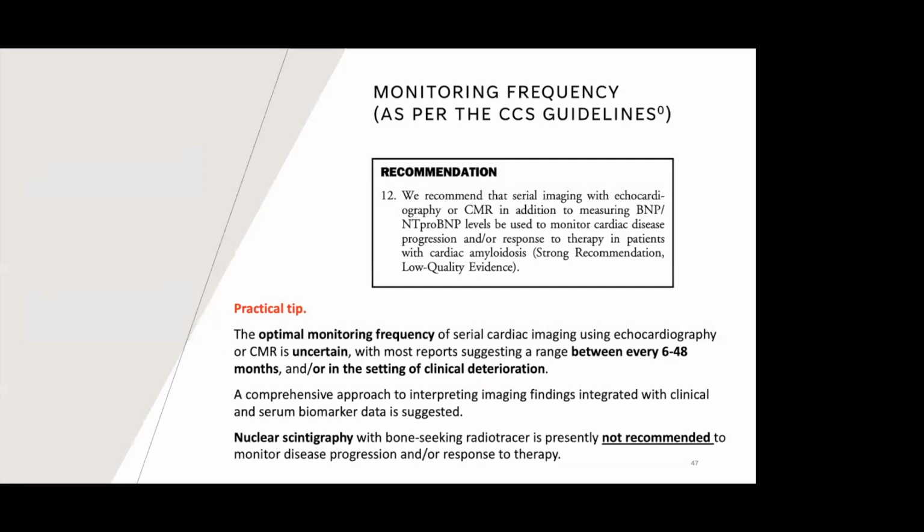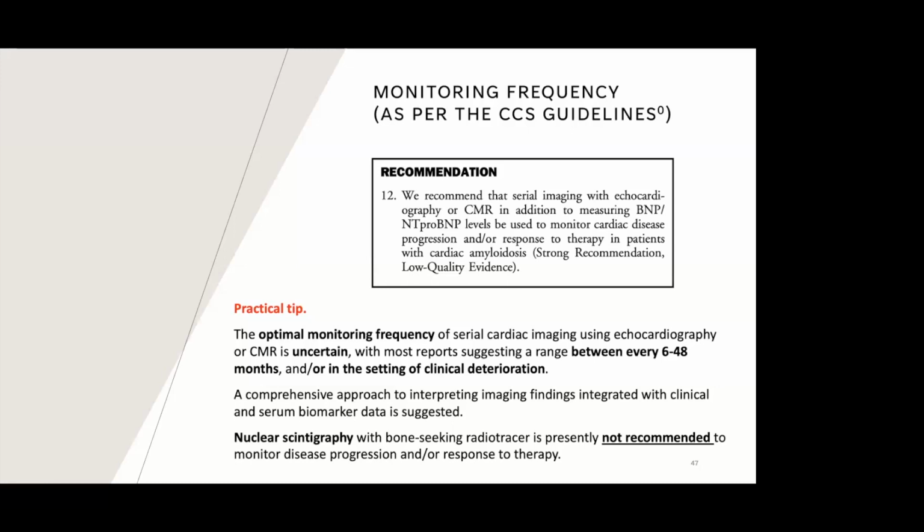When reviewing the CCS guidelines, they recommend that we do serial imaging with echo or cardiac MRI, in addition to measuring natriuretic peptides, to monitor disease progression and response to therapy. They don't really comment on an optimal monitoring frequency. They recommend a range between 6 and 48 months, but this can fluctuate based on how well the patient is doing or if they're having any clinical deterioration.